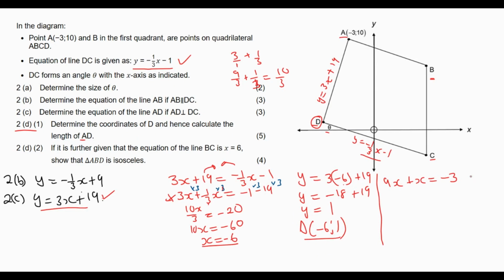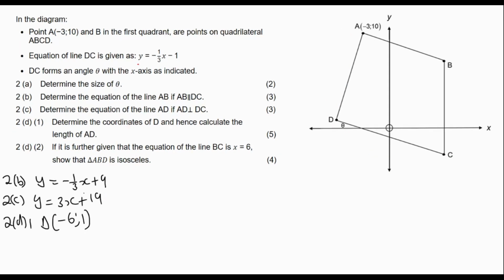Then 19 times 3 is 57. And then 10x = -60, and x = -6. Could have done that. The coordinates of D are these ones.